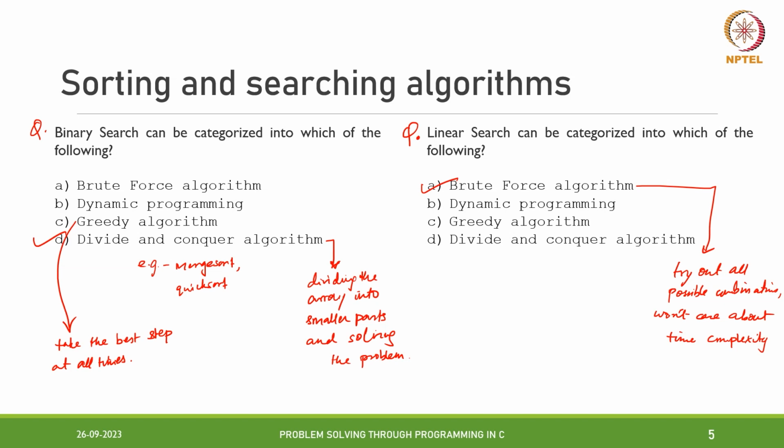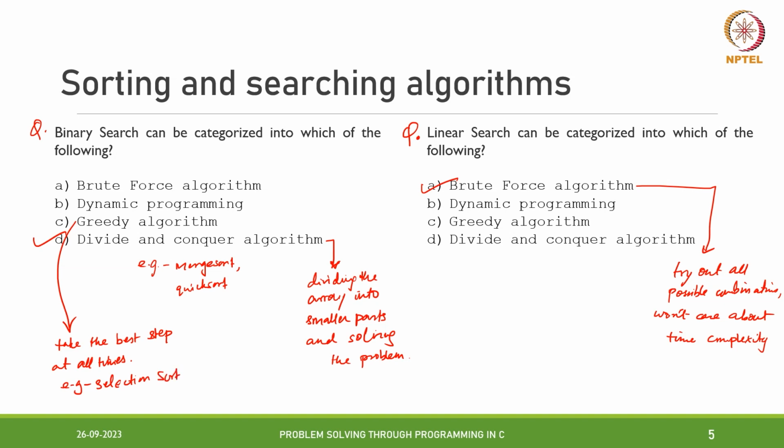It wants the best for every single step. That is why it's called greedy, because it wants the best every time. An example of this is selection sort.